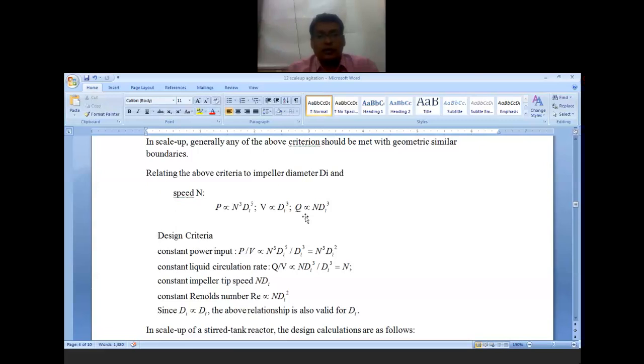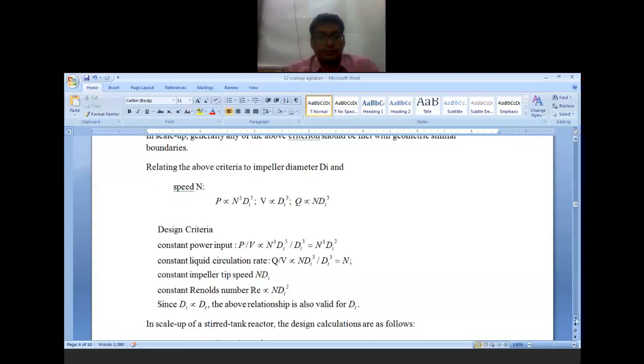Then Q upon V is nothing but N Di cube upon D cube, which is equal to N. The constant impeller tip speed is N into Di, and the constant Reynolds number Re is directly proportional to N into Di square. Since Dt is proportional to Di, the above relationship is also valid for Dt.